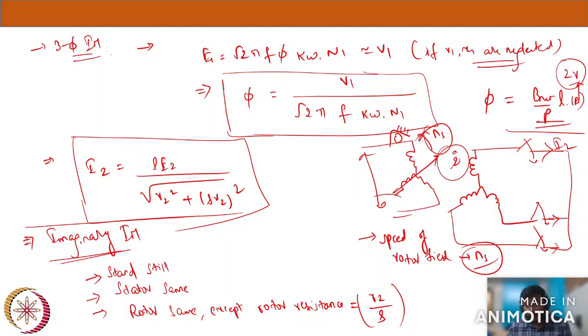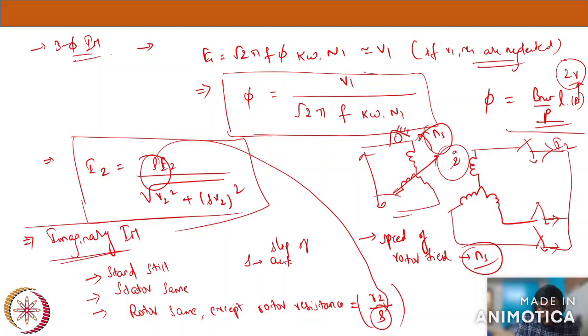Actually, the value of R2 by S is a fixed value. I am giving it to the rotor resistance. This S value here is nothing but this S value. I am taking the value of S from here, where S is the slip of the actual motor.